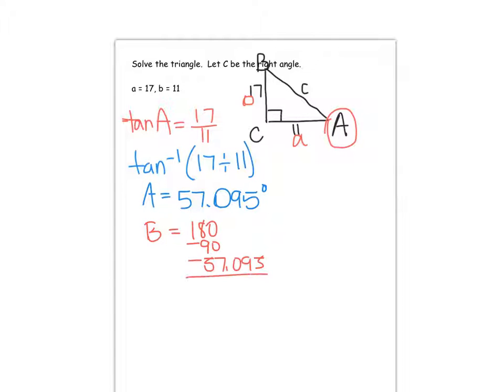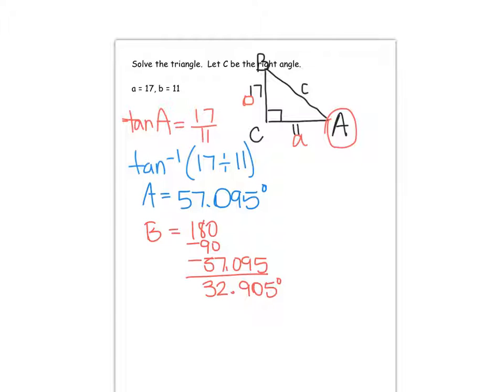And the remainder is the value of angle B. So, of course, 180 minus 90 is always 90, so you can really just type 90 minus the 57 and get it with less typing. 32.905 degrees.